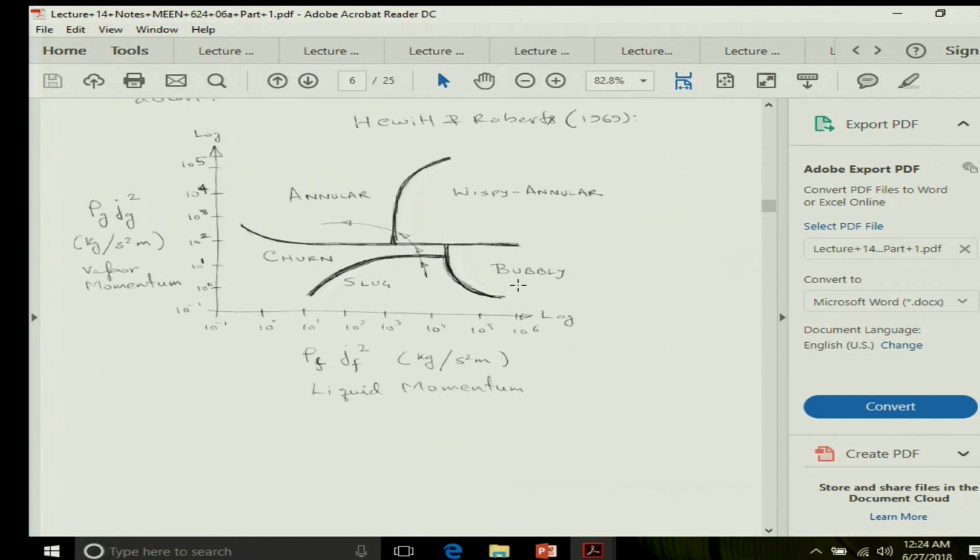On the other hand, if you have high liquid momentum and low gas momentum, then you are more likely to have bubbly flow. Okay. And so you could be starting here, then going into slug flow, then churn flow, then wispy annular flow, and then annular flow. Or you could be starting in churn flow, going into annular flow, and then into wispy annular flow.